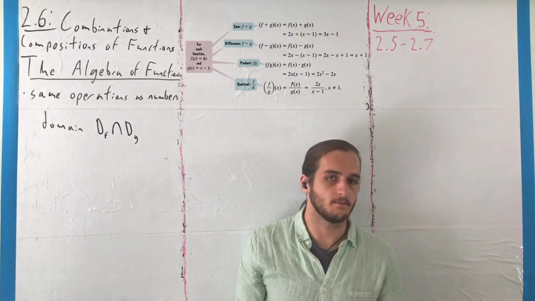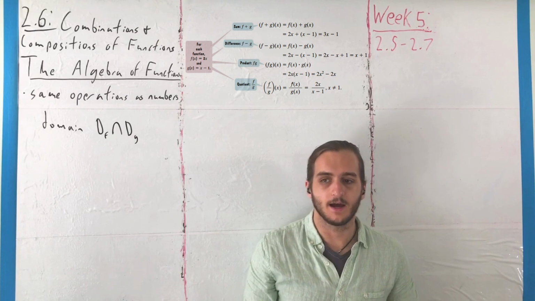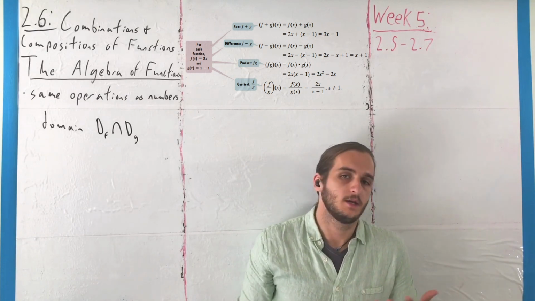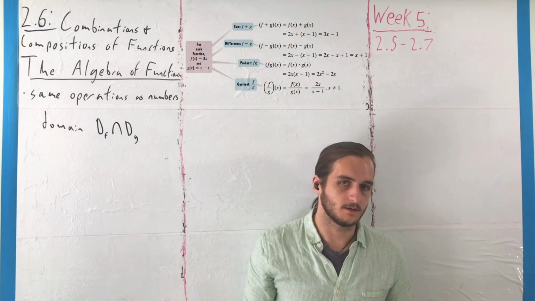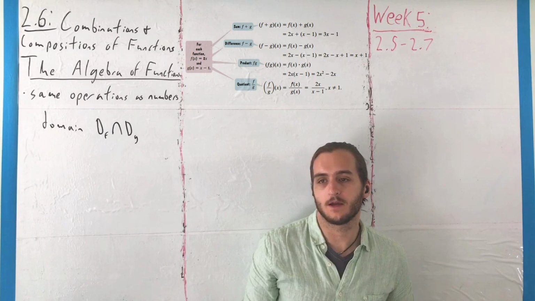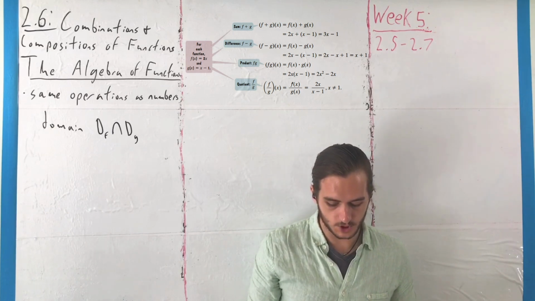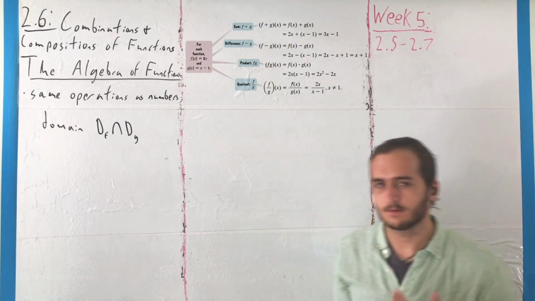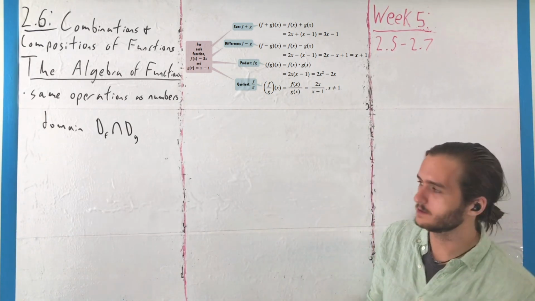It's just what's in both of them, with the potential caveat that if we have f over g or g over f, whichever we choose, you can't have a value that goes to 0 on the bottom, kind of like what we saw with our last example there, talking about the domain of the function 7x over x squared minus 25. But anyway, let's just get some quick examples here for how this works.